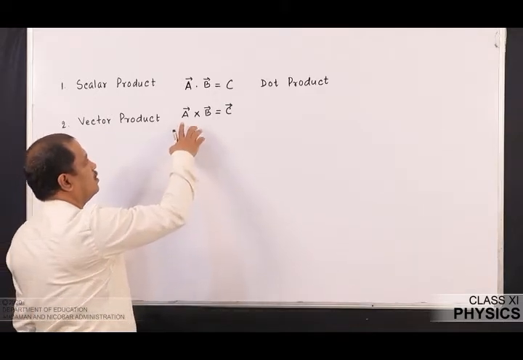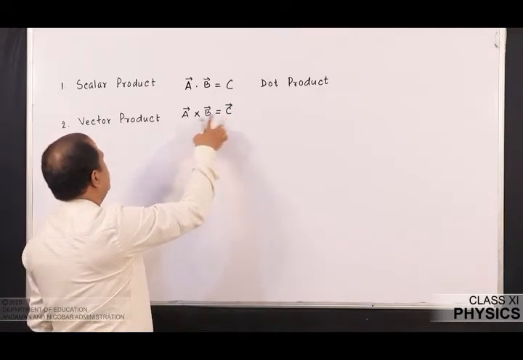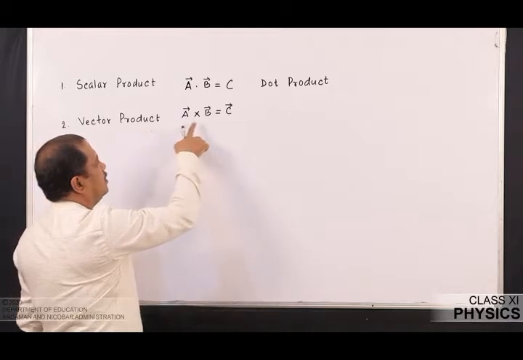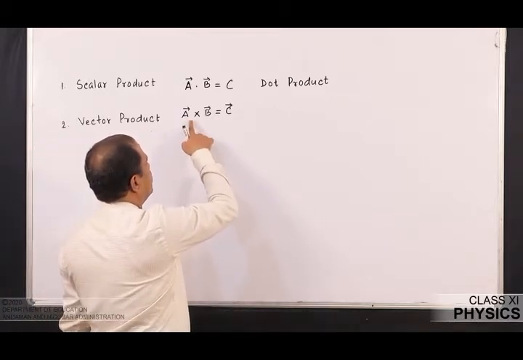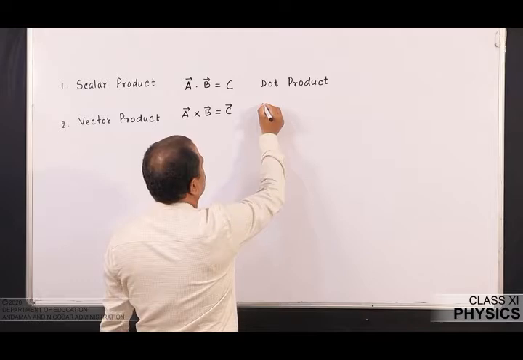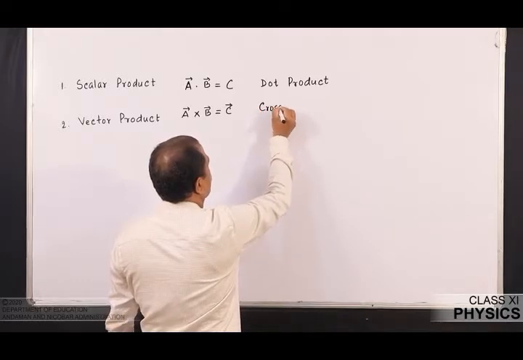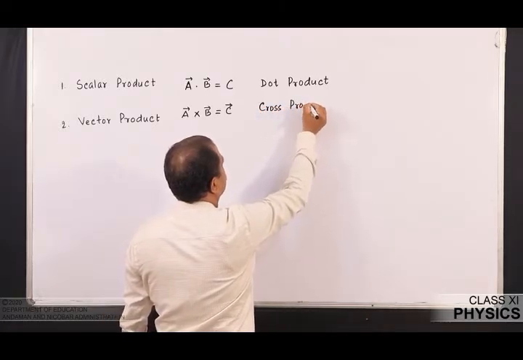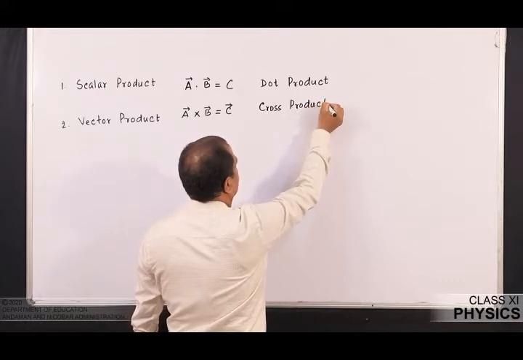So I call this product a vector product. Since it is written as A cross B, it is also called the cross product.